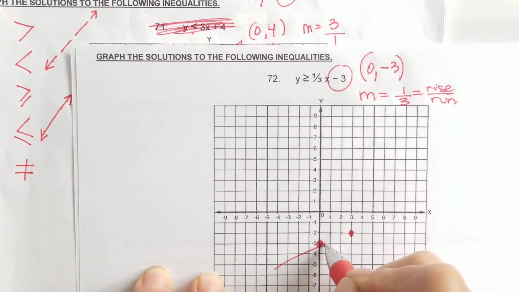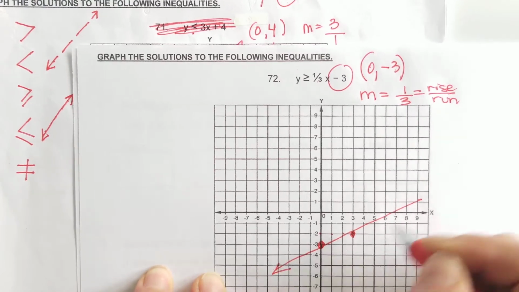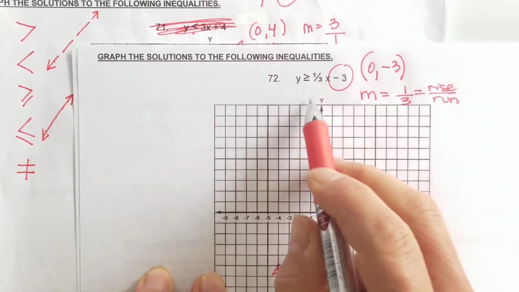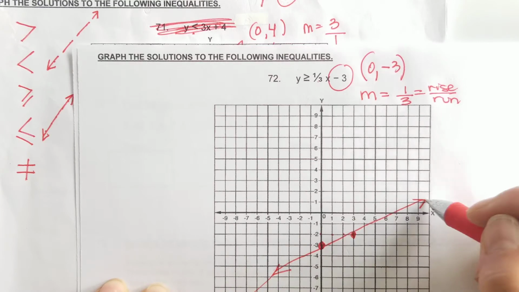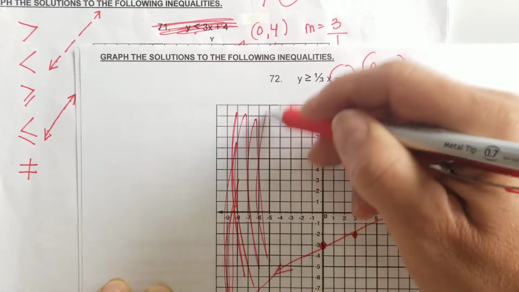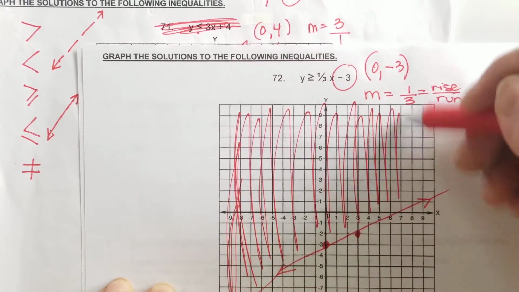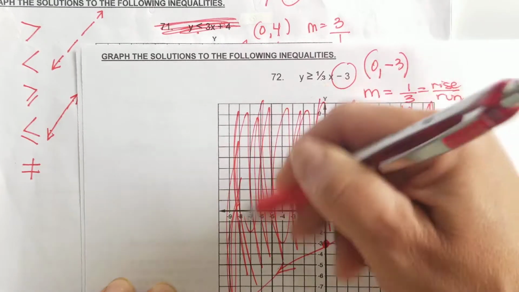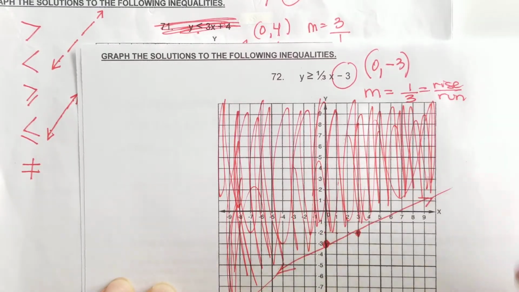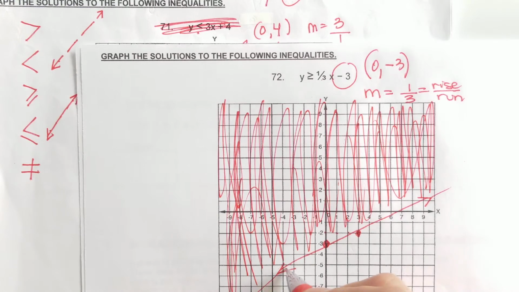We're going to draw our solid line, and it's greater than or equal to, so it's going to be everything above this line. So you're just going to shade in everything above that line.